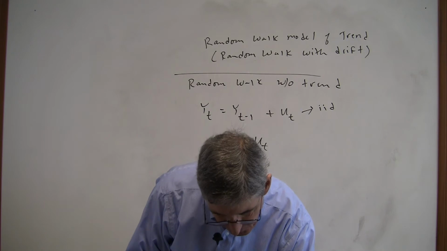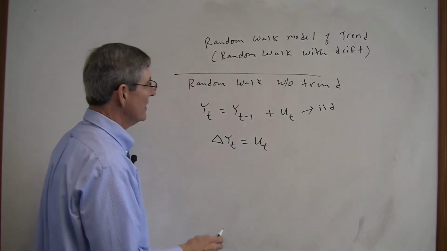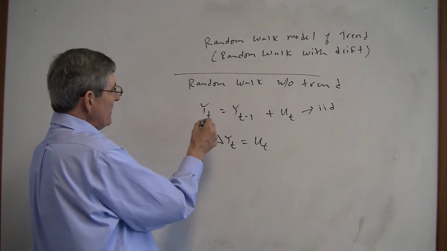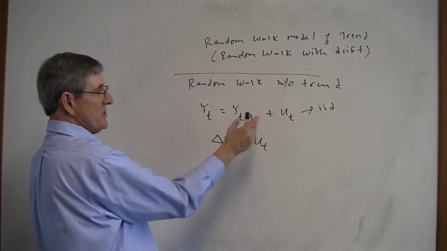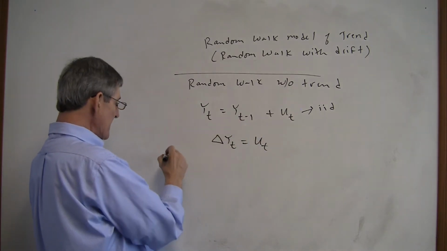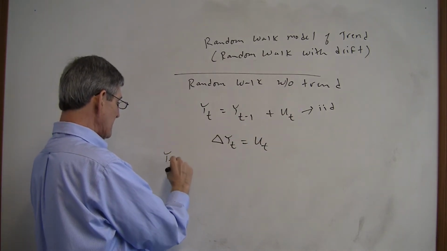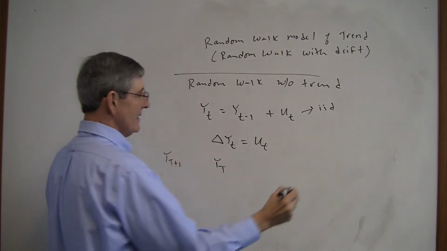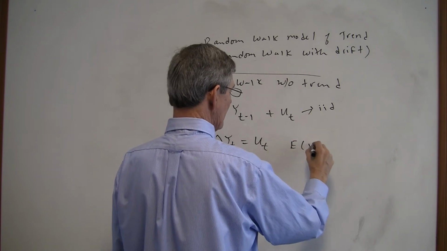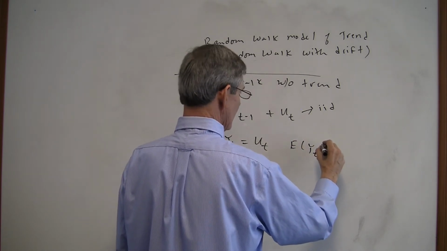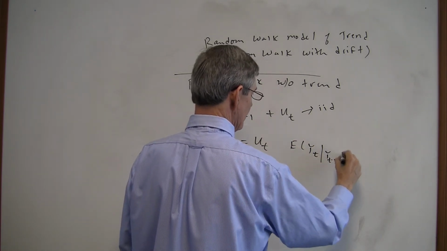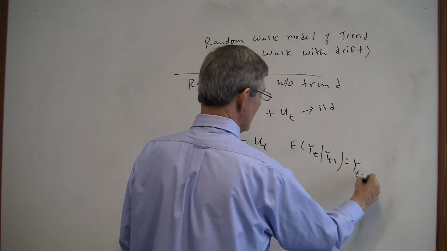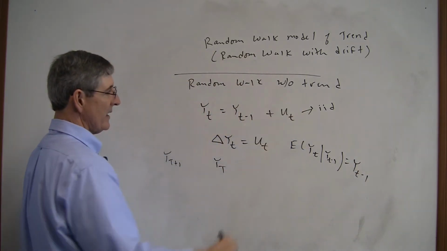So what would be the best forecast there? The expected value of yt given yt minus 1 is just yt minus 1. Your best forecast of yt plus 1 would just be yt in this case. The expected value of ut is 0.